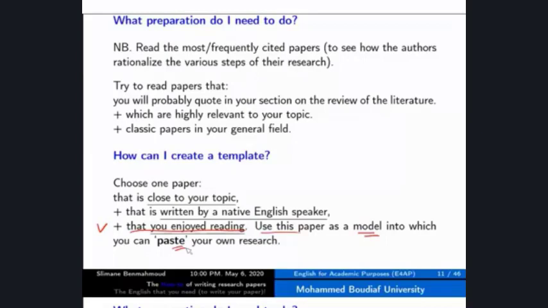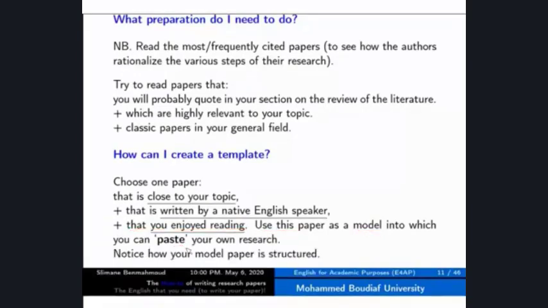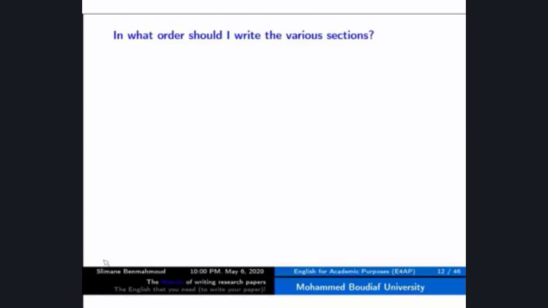It means that this is a process of mapping from a group to a group, like in mathematics, right? Okay, notice how your model paper is structured. Great. Dr. Campbell, is everything clear? Yeah, everything is good. Great.